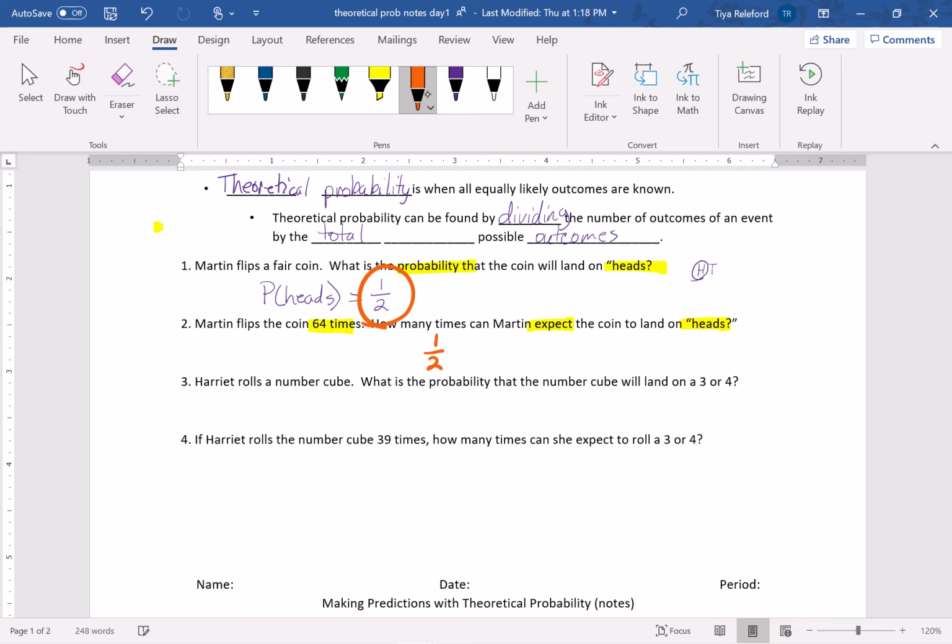Probability of landing on heads. The other half of the proportion is the number of times. Oops, it should be 64. And this is your x. Solve that proportion and you'll have your answer.